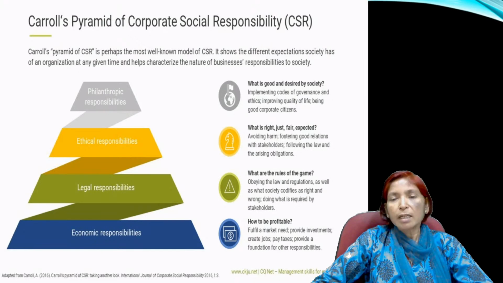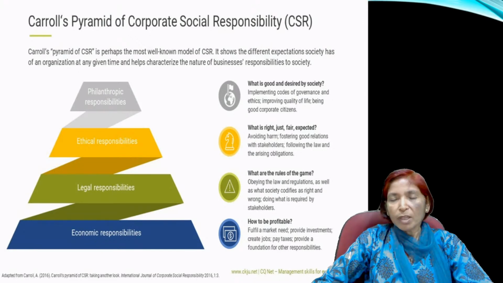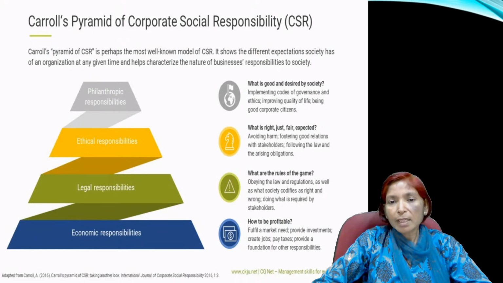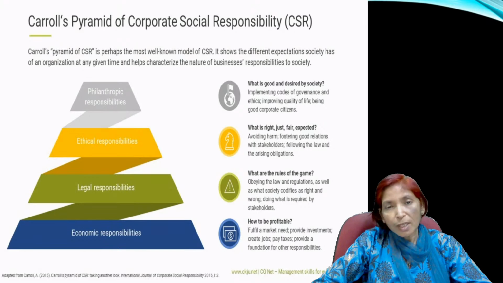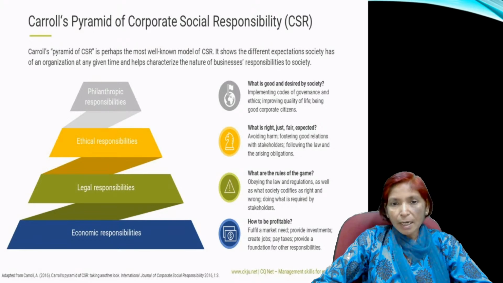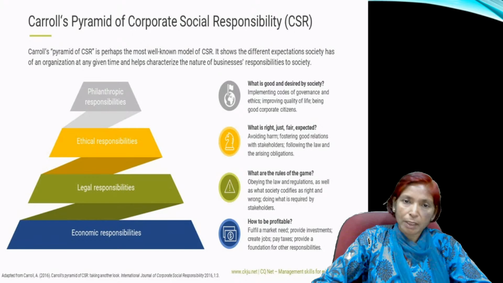So, what is a good and desirable society? A good and desirable society is one in which good governance and all the codes of good governance are implemented, the quality of life of the country's people is improving, and good corporate citizens exist. That is desirable for society, and that is a really good thing for the whole community.